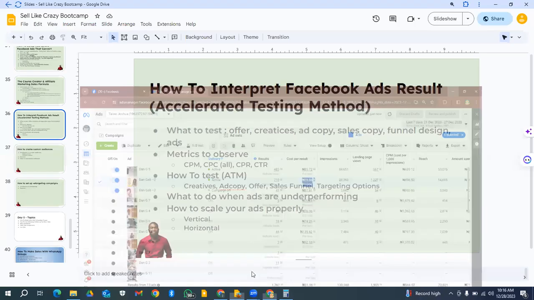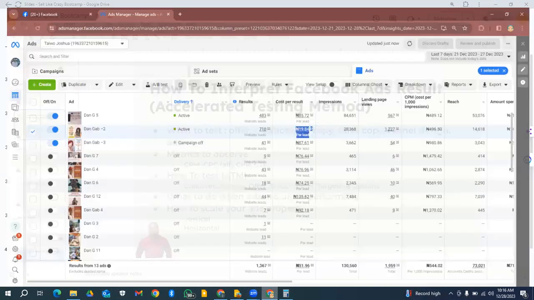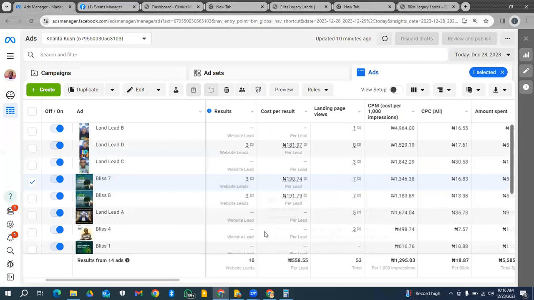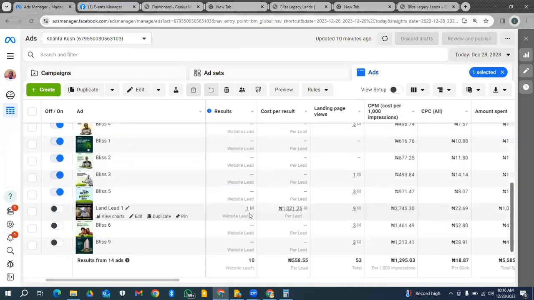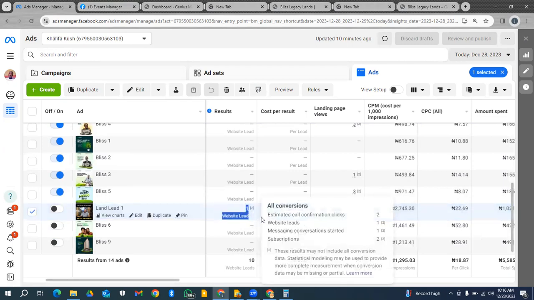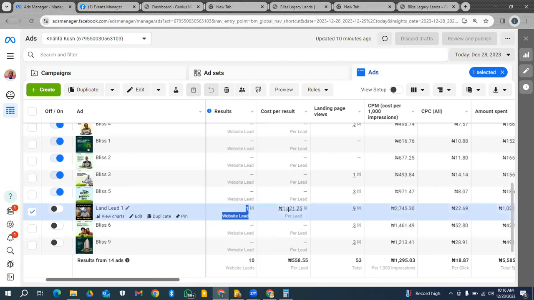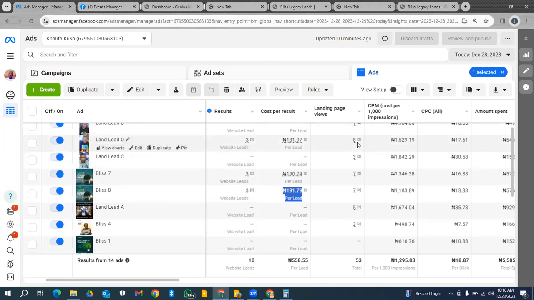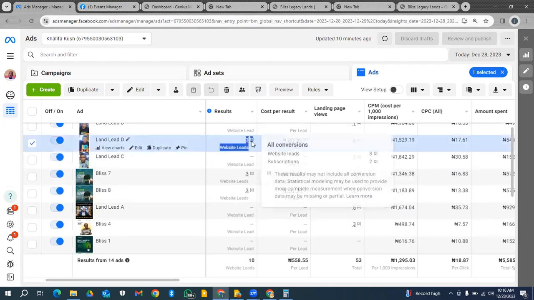Let's look at this example. Look at what happened here. For example, this one, we had about 9 people who reached the landing page, but only 1 person decided they wanted to become a lead. And because of that, you can see we have a very high cost per result. Compare it to this one, where 8 people reached our landing page and 3 of them decided they wanted to become leads.